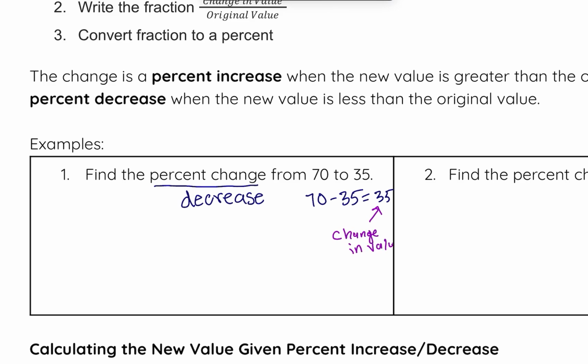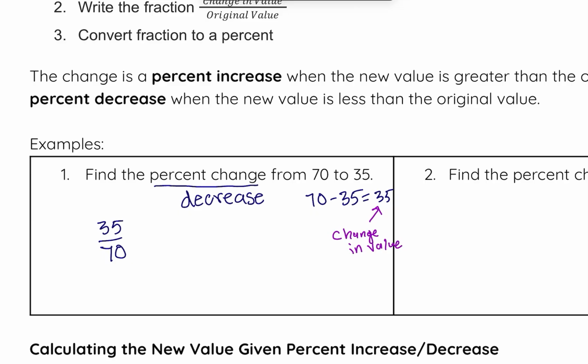And so we want to write that as a fraction over the original value. So we have 35 out of the original value, which is 70. Our last step here is to convert that fraction to a percent.